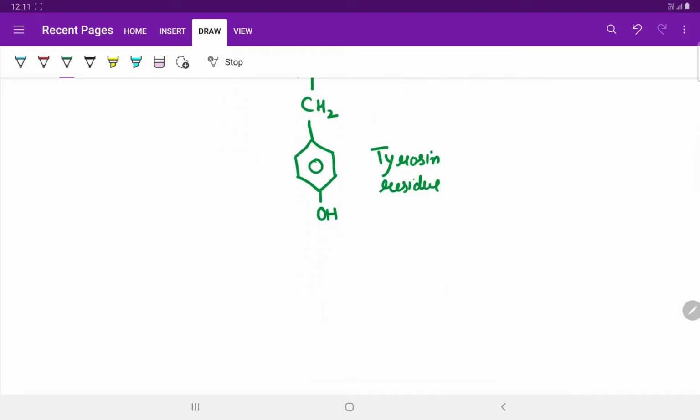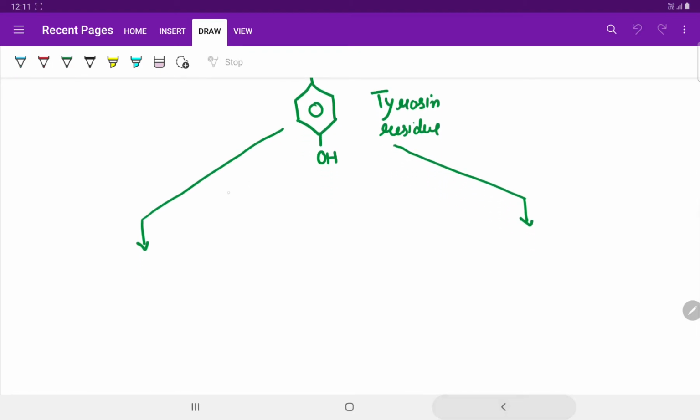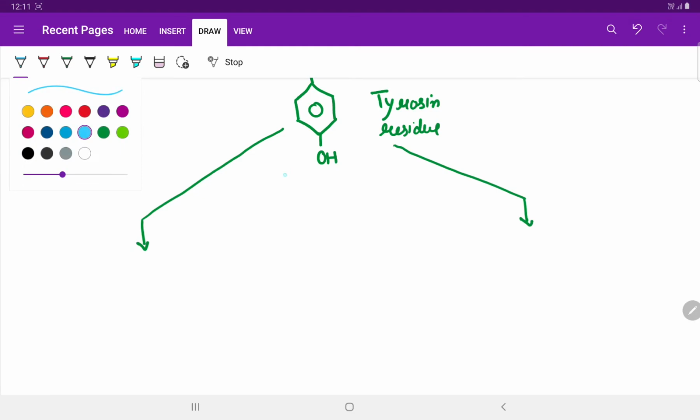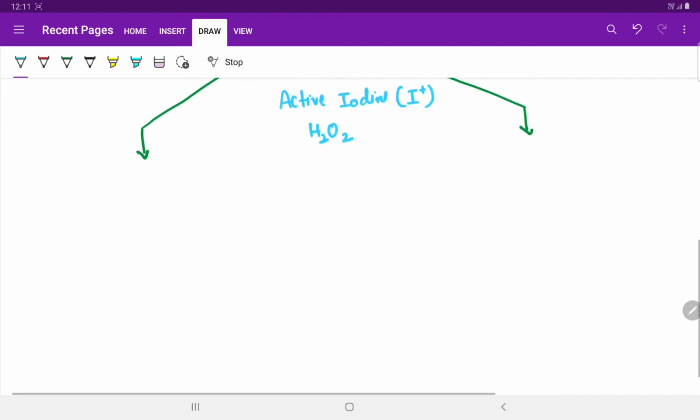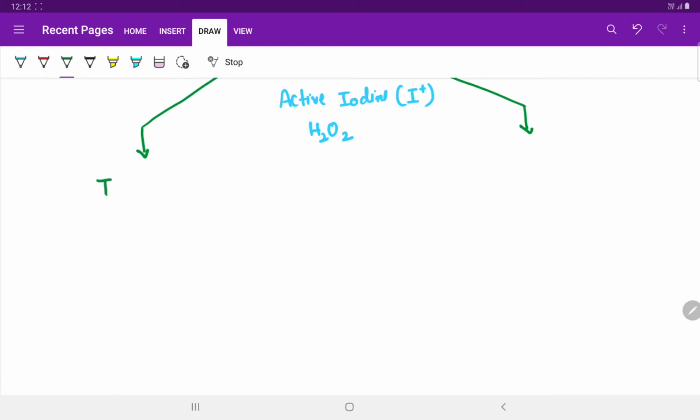Now this tyrosine residue, in presence of active iodine and a molecule of hydrogen peroxide, leads to formation of two intermediates on thyroglobulin, known as monoiodotyrosine and diiodotyrosine.